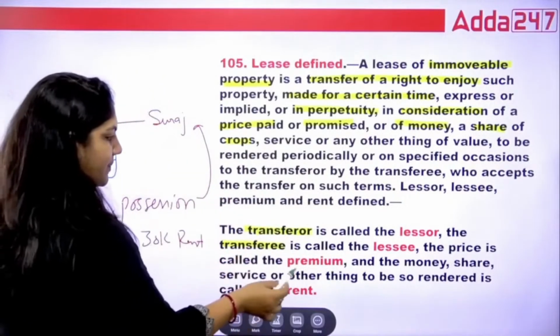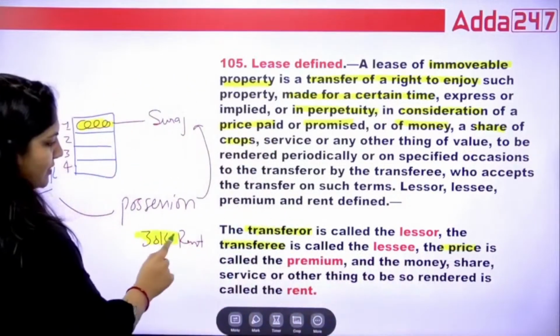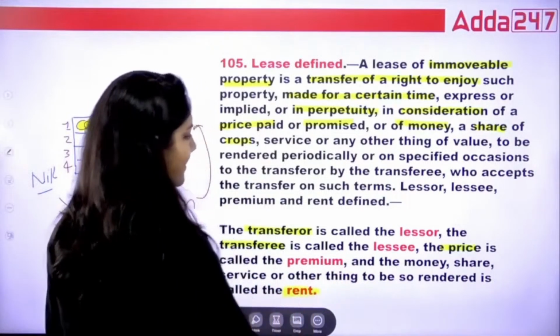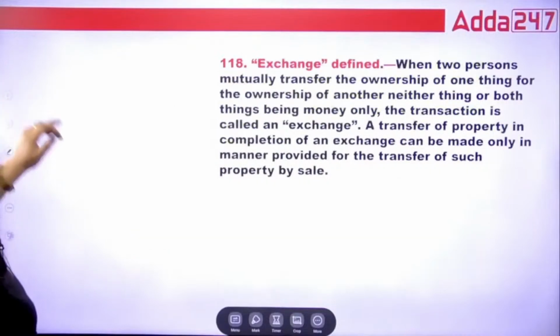Suraj sir is the lessee. Premium is the price. This 30,000 is the premium, or the money, share, service, whatever, that's the rent. Money, share, service, other things to be rendered, that is called rent. So this is the exact example of the term lease.